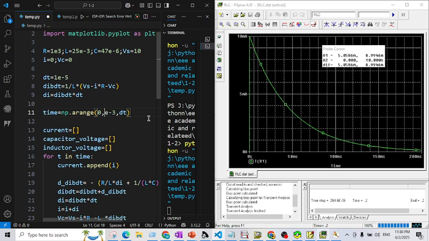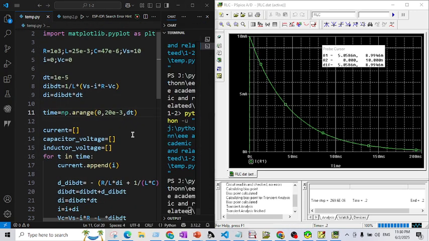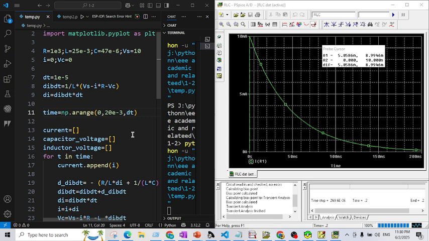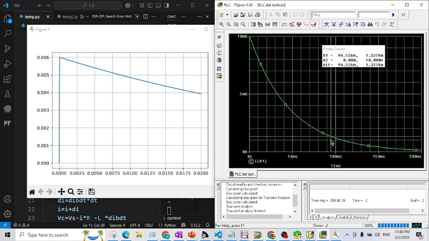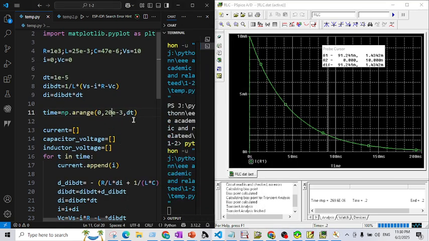Let's take some other point to see whether my code is right or wrong. Let's take up to 200 millisecond and reduce this dt.